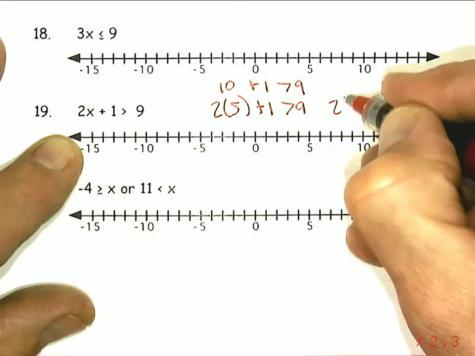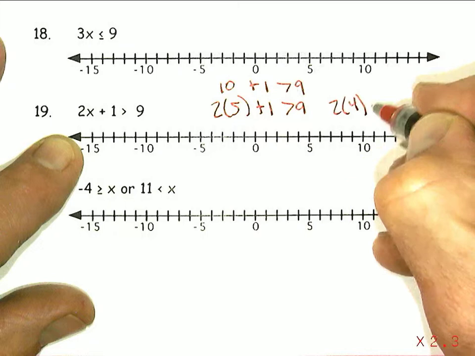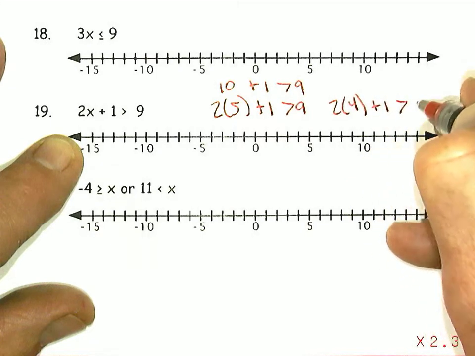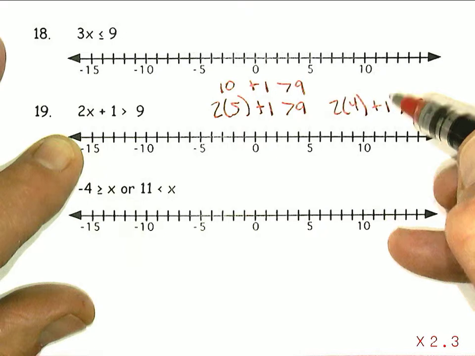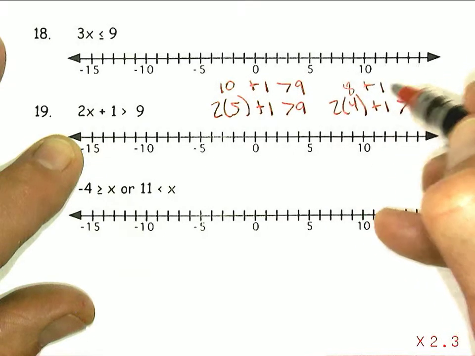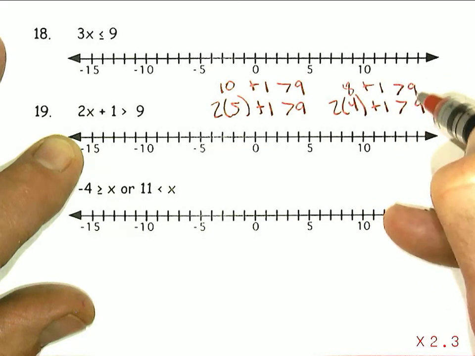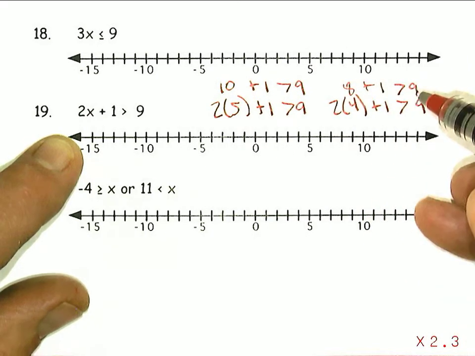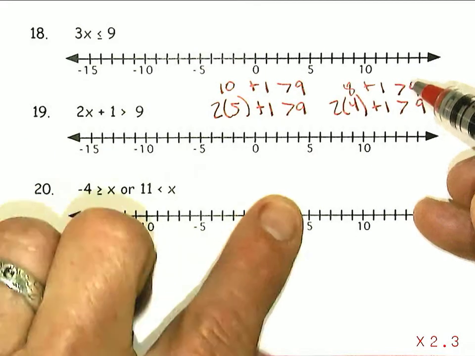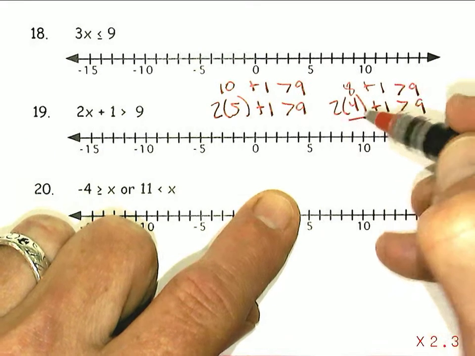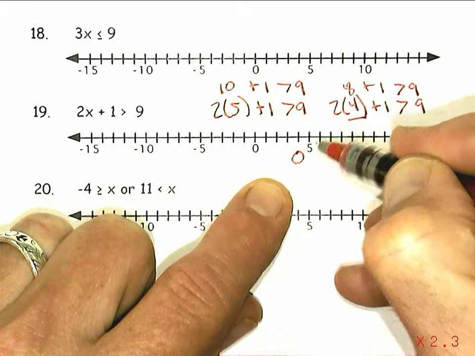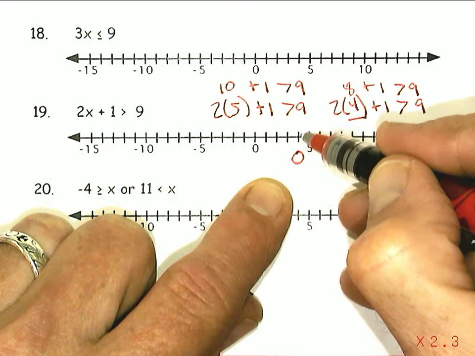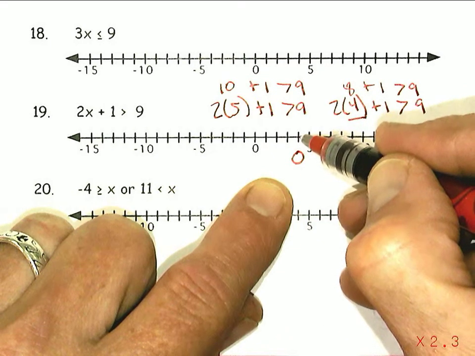2 times 4 plus 1, is that greater than 9? Is that true? 4 times 2 is 8 plus 1 is not greater than 9, but it's equal to 9. So if x were 4, it wouldn't work, but anything even slightly greater than 4, like 4.1, would.